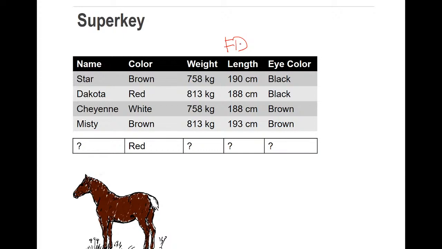So what I want to know is, if I give you an empty row such that I only have a single value filled in, can I fill in the rest? For this particular question, the answer is yes. For the color red, the only value I can have over here is Dakota. The only value I can have over here is 813. Here is 188, and the eye color is black.